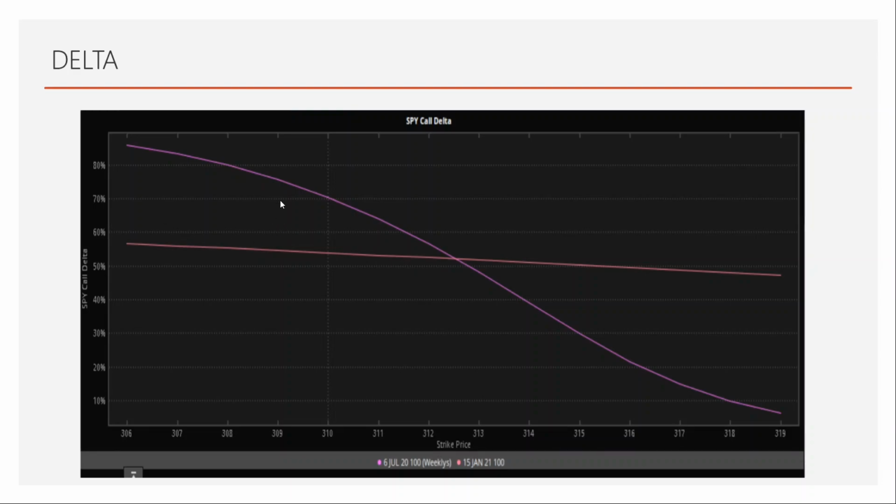so when you see here, when there is a change in stock price, the impact of delta will be more in the near term expiry, meaning in July you see more impact and in January there is lesser impact, right?